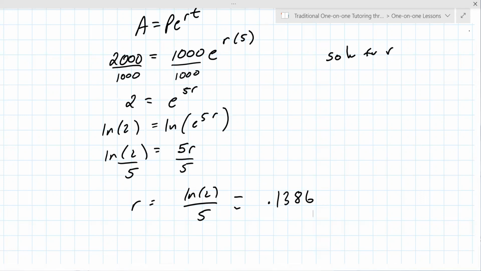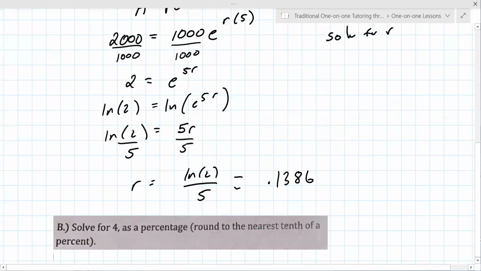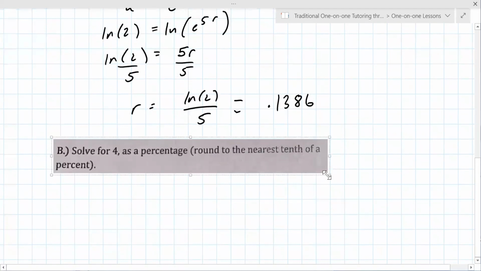Yeah, I got the same thing. Great. Now part B. Part B is just to give the percentage, to the nearest 1/10%. This is a decimal, and the real world doesn't work in decimals. They work in percents, because I guess adults don't like decimals.